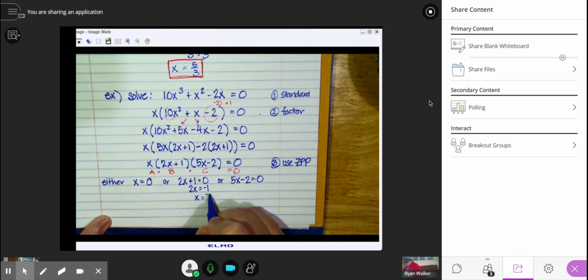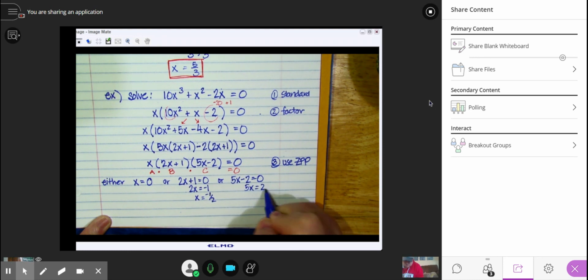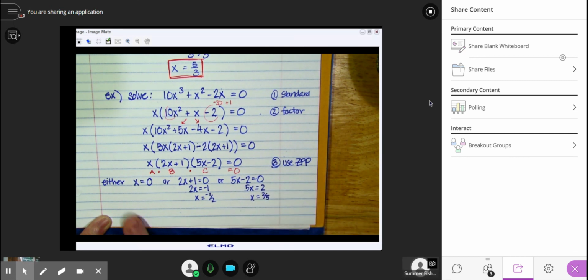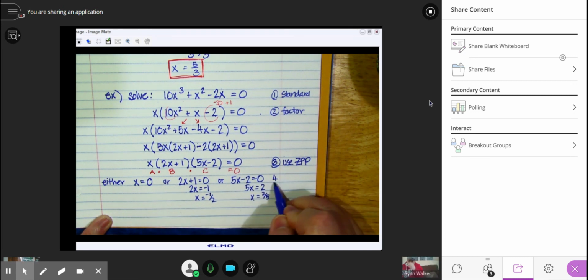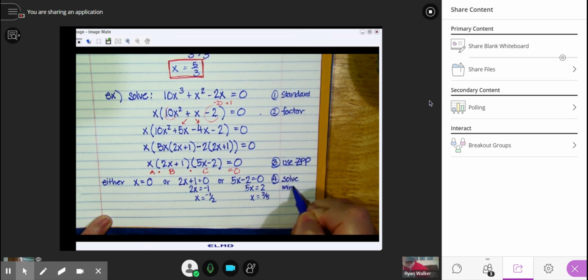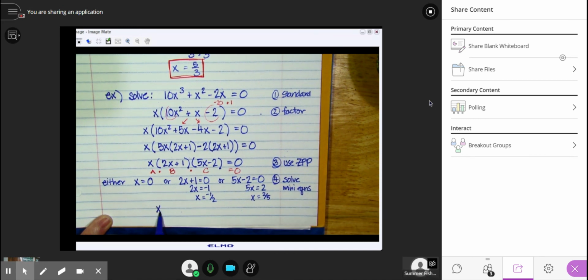Solving each of those mini equations, I get not just two possibilities for x, but three possibilities for x. So I have x could be a 0, a negative 1/2, or a 2/5.